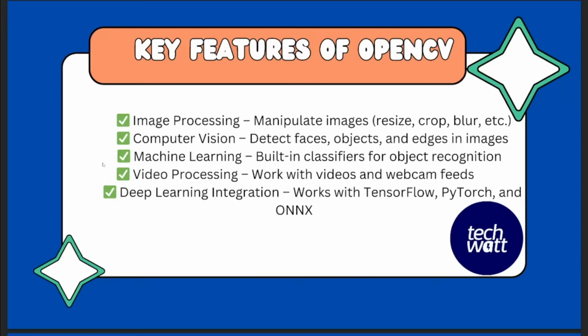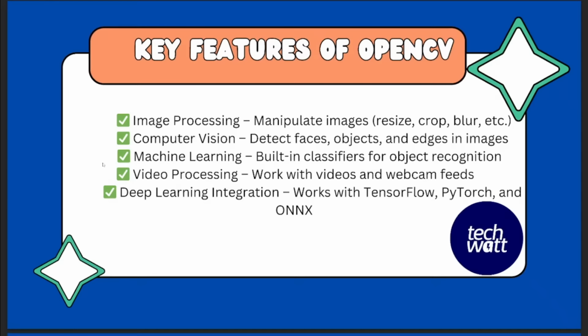OpenCV can help you in machine learning. So we have built-in classifiers for object recognition in OpenCV, which you can use to complete some machine learning tasks. When it comes to video processing, OpenCV is key because it can help you to work with videos and with feeds coming from your webcam. That means you can take your live video from your webcam and process this video using the OpenCV library, and we'll be covering all of this in this mini course.